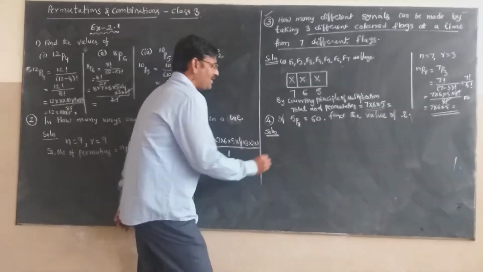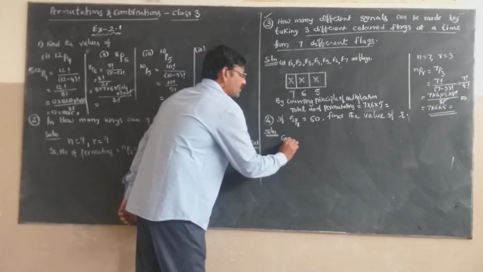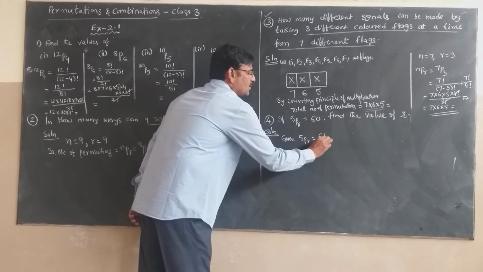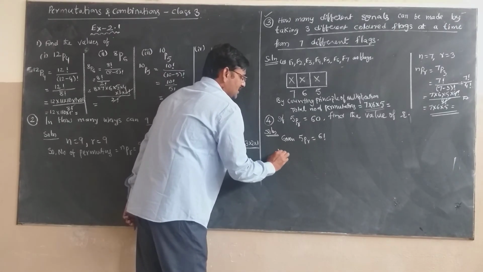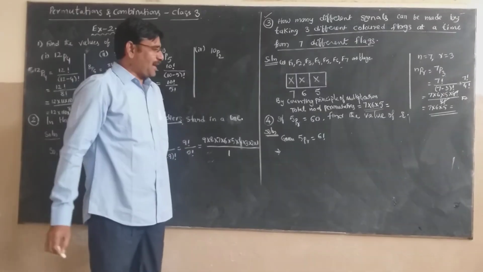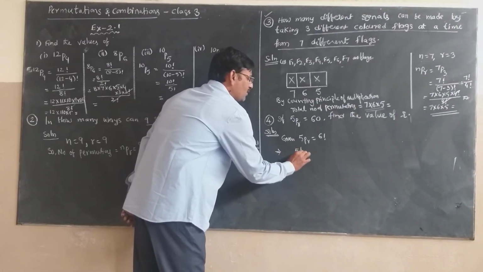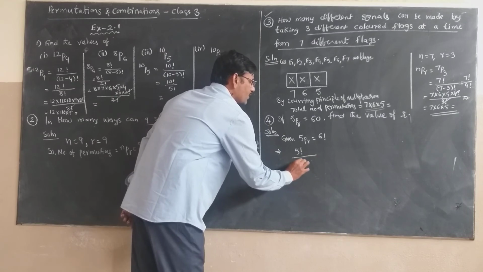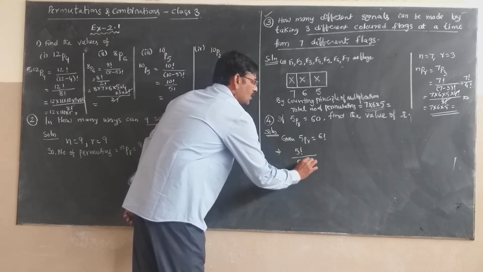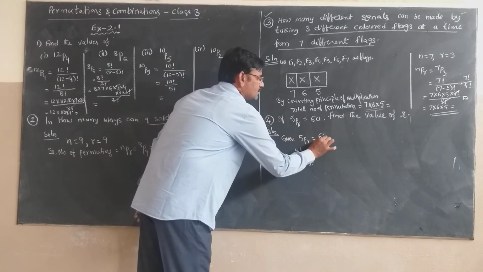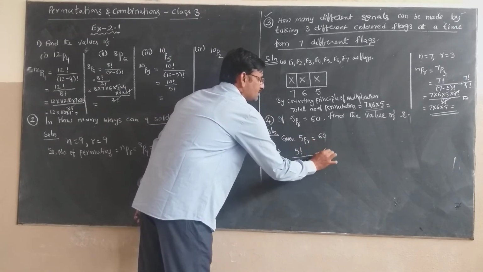Well, what is given? Given 5Pr is equal to 60, which implies 5 factorial by 5 minus r factorial is equal to 60.